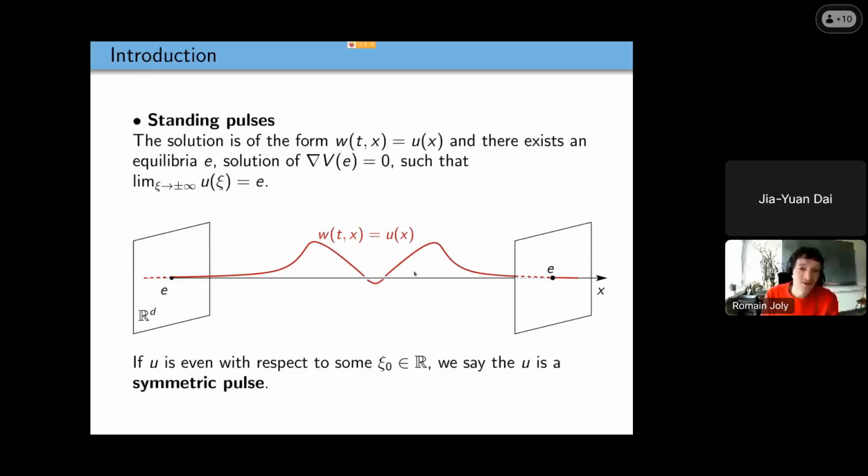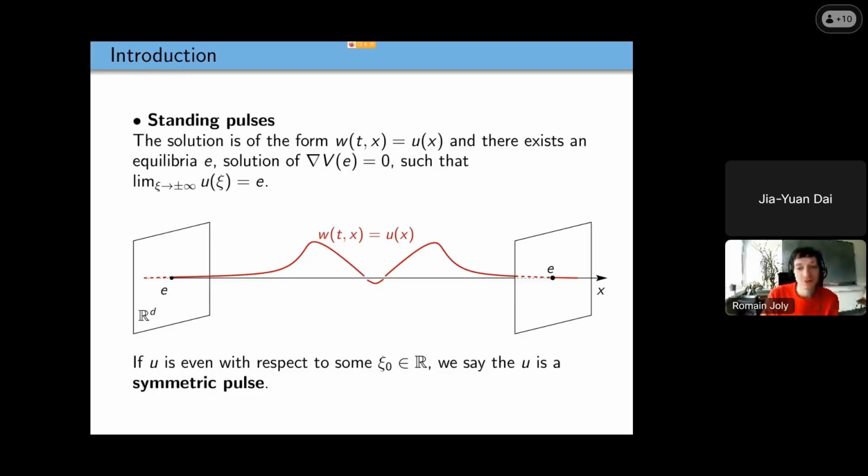But the important case actually is when it's standing. So it's really a spatially non-constant, static solution of the PDE. Simply this kind of thing. And I will have to split this class in two particular cases.